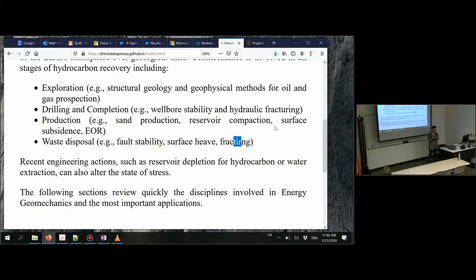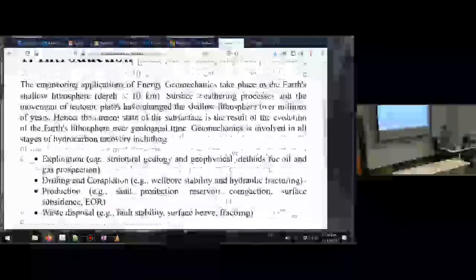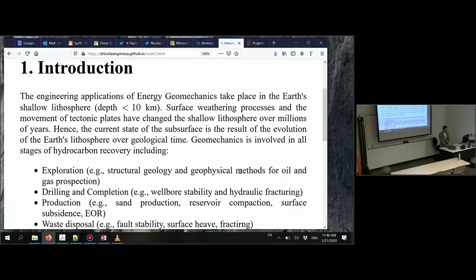And we're going to see also later on how that at a much smaller scale can also be useful for production of unconventionals. Okay, so I think I have put quite a bit of emphasis here on petroleum engineering, but I'd like you to keep in mind that what we're going to see is applicable not only to petroleum engineering but also in general to anything related to the subsurface.